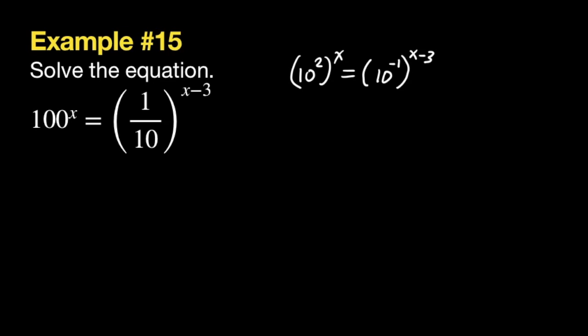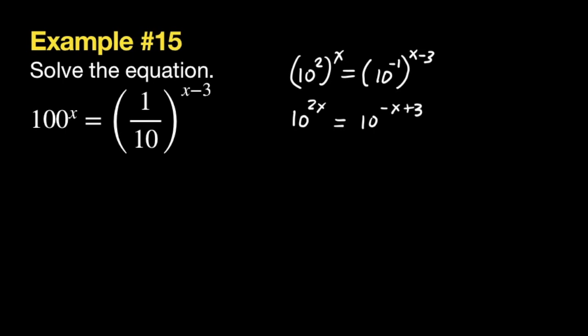Using the properties of exponents, we know that whenever you have an exponent raised to an exponent, you just need to multiply them. So we have 10 to the 2x is equal to 10 to the negative x plus 3.